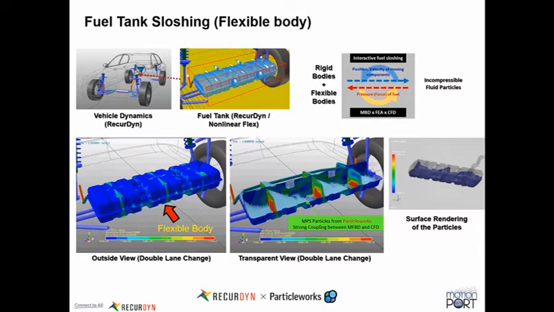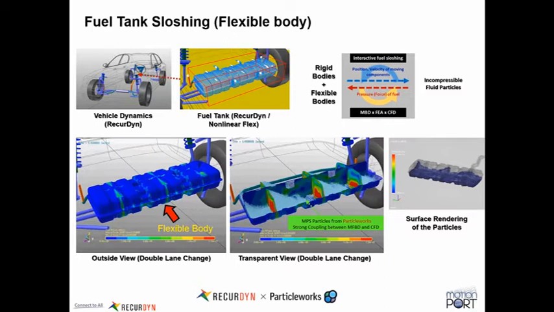So I think this is a very interesting capability, because in the past we could look at sloshing behaviors, and in the case of the transmissions and the engines, to assume that the fluid was in a rigid container is quite a good assumption because it's very stiff.